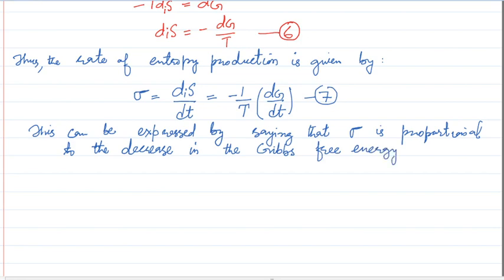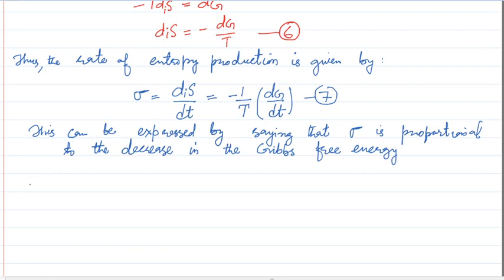So this is a simple statement which you can make from this equation 7. Because sigma will be equal to minus dG upon T, or you can say simply directly proportional to the decrease in Gibbs free energy.